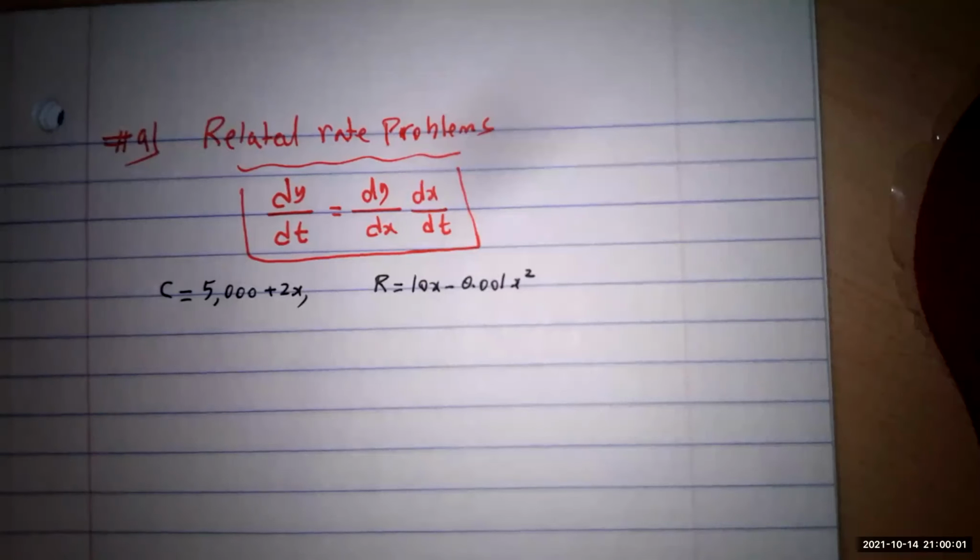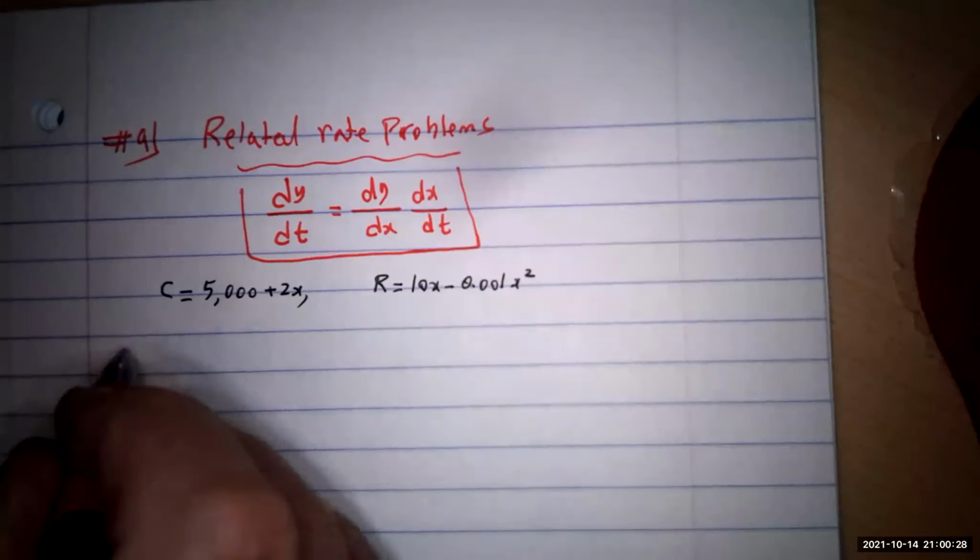Remember, we call these related rates, or given rates. In this problem, they say the production output in 1 week is going to be x flash drives. Now, the production is increasing at the rate of 6,000 flash drives per week. This is your given rate for these problems.